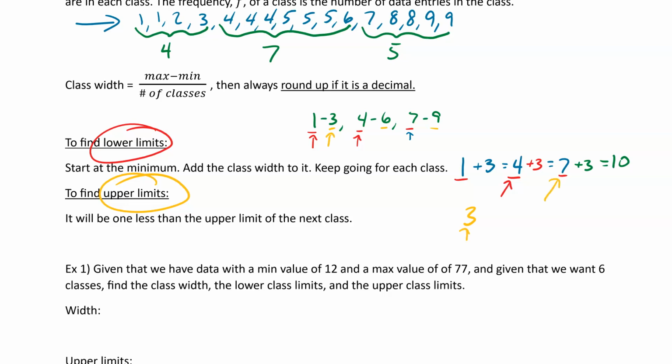If we take 1 less than the 7, we get 6. That was our second upper limit. Now, remember that 10? There's a reason I didn't quite erase it yet, because if we take 1 less than that, we get 9, which was our final upper limit. So even though we don't need the 10 to be a lower limit, it does help us find that upper limit.